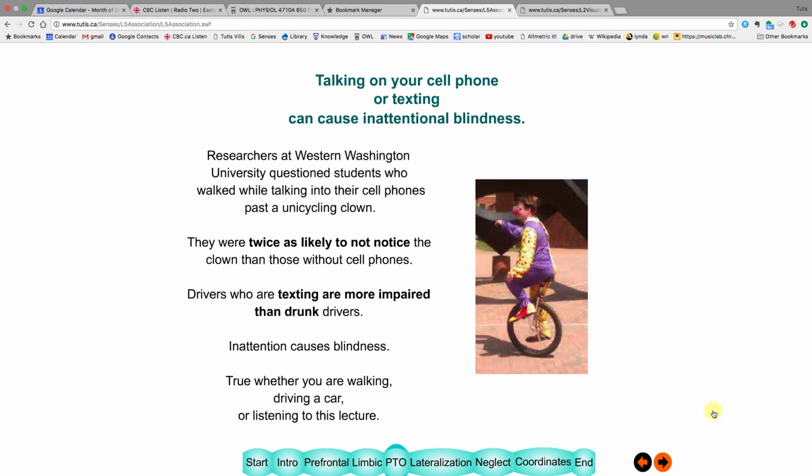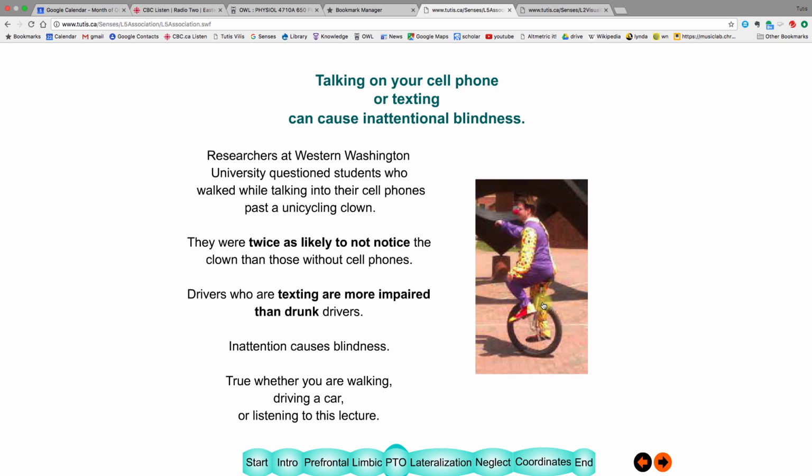So attention. I'll show you in a moment how important attention is, but there was a study done with this gentleman here, dressed in a clown suit, riding something like the square in front of a UCC, and the students asked the people around whether they saw this clown.